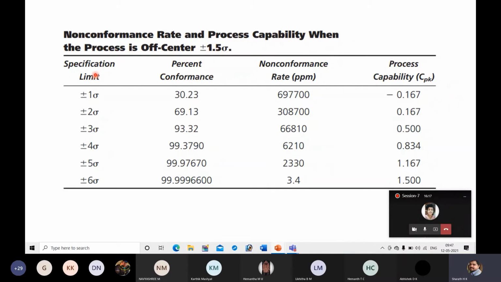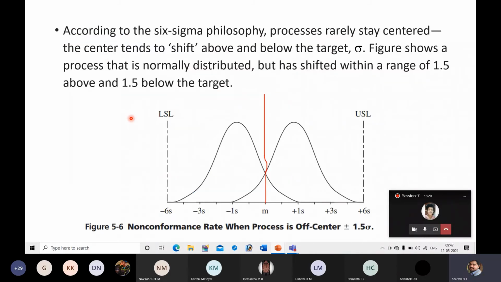For this case, suppose you are producing a cylindrical component using a turning operation. If the target value is 18 mm diameter and the tolerance limit is plus or minus 0.5 mm, that means you want to produce a cylindrical component with a diameter of 18 mm, but components with diameter 17.5 to 18.5 can also be accepted.